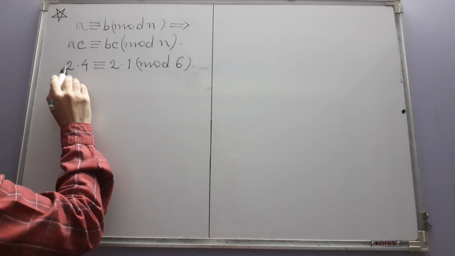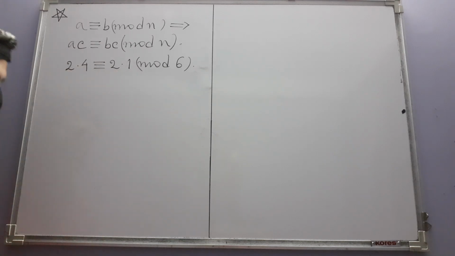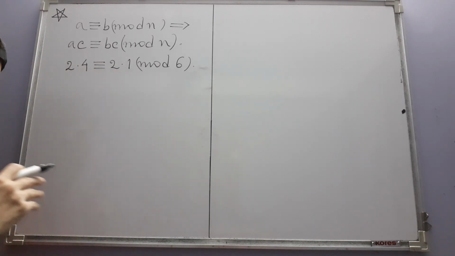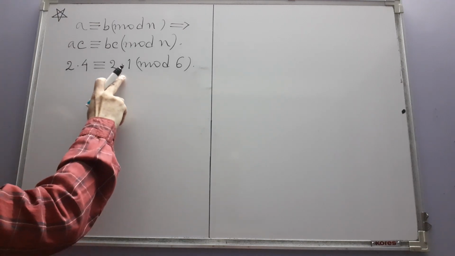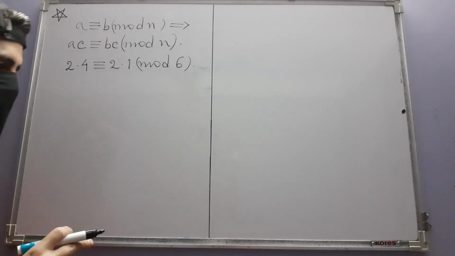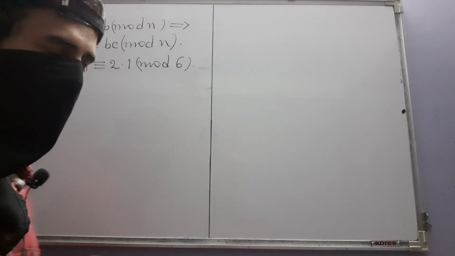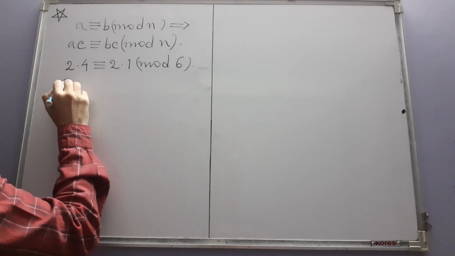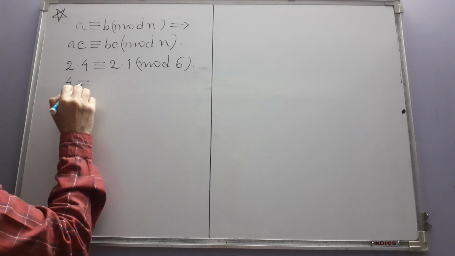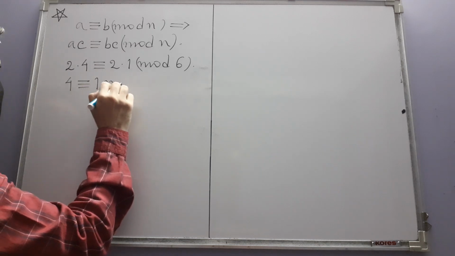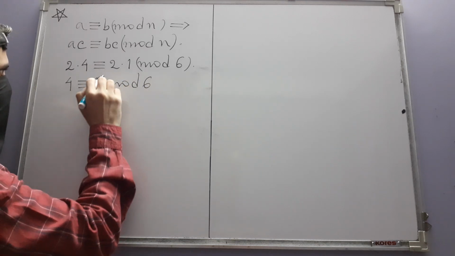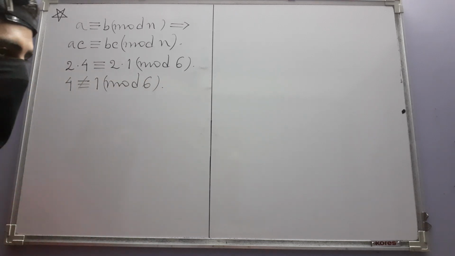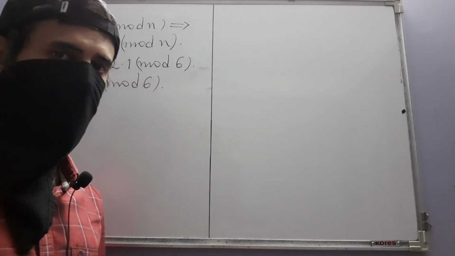However, you cannot cancel 2 from both sides and write 4 is congruent to 1 mod 6, because 4 is not congruent to 1 mod 6. Their difference, which is 3, is not divisible by 6. So, in spite of having this, we do not have this.